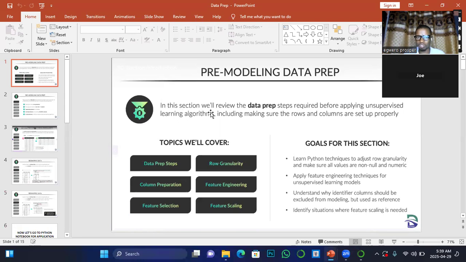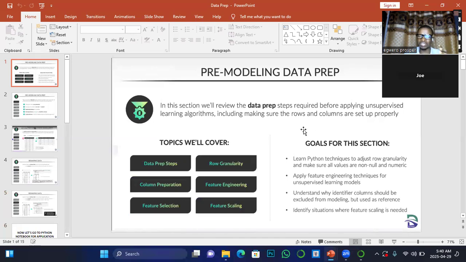So in this section, we will review the data prep steps required before applying unsupervised learning algorithms, including making sure the rows and the columns are set up properly. How do you achieve that? That is data cleaning. So that is the focus of this.